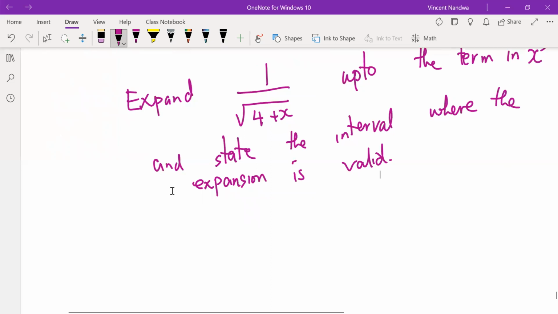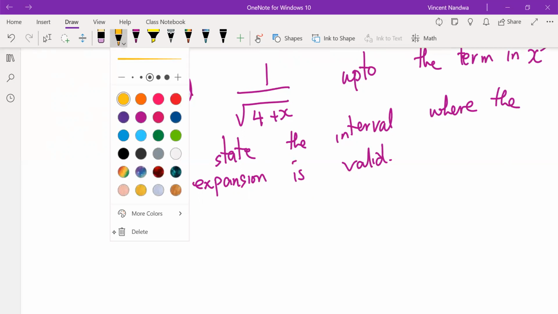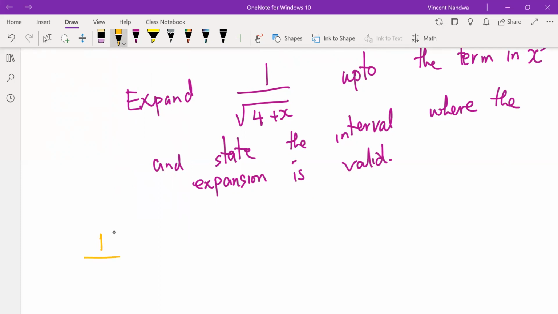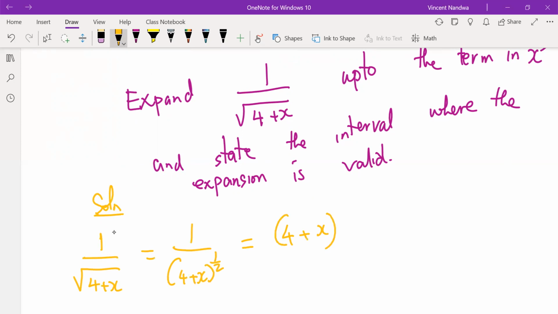Now, to work out this, just rewrite this expression as a binomial. So 1 over root 4 plus x can be written as 1 over (4 plus x) power half, which is the same as (4 plus x) power negative a half.